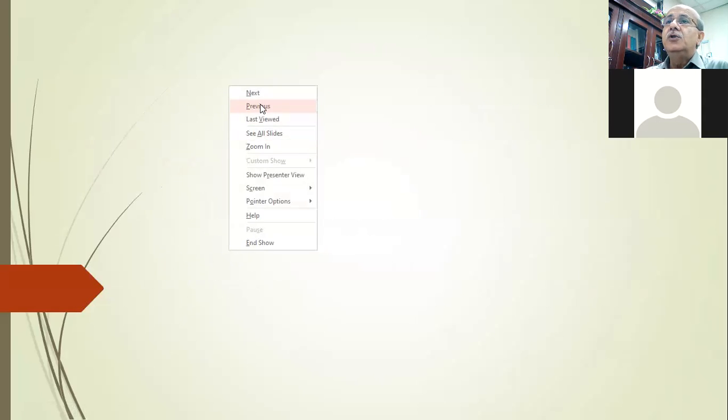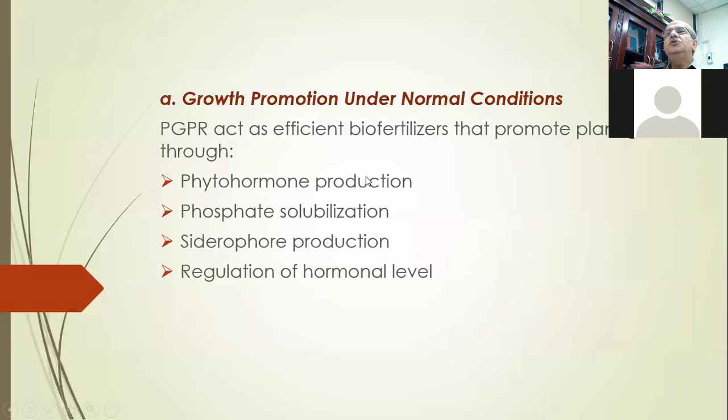Looking at this slide, you can differentiate between the effect of chemical fertilizers and the biofertilizers. When you apply some chemical fertilizer, it provides only the nutrients. But when you apply certain biofertilizer, it has some additional benefits as well.